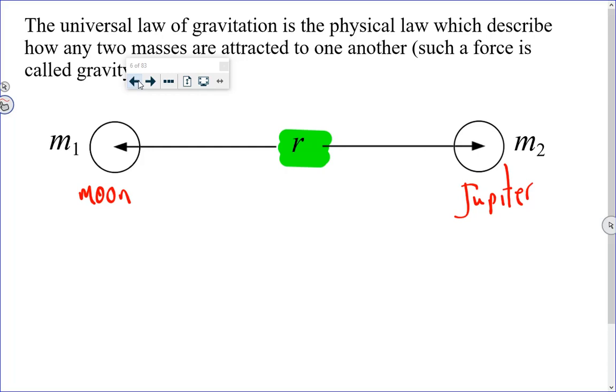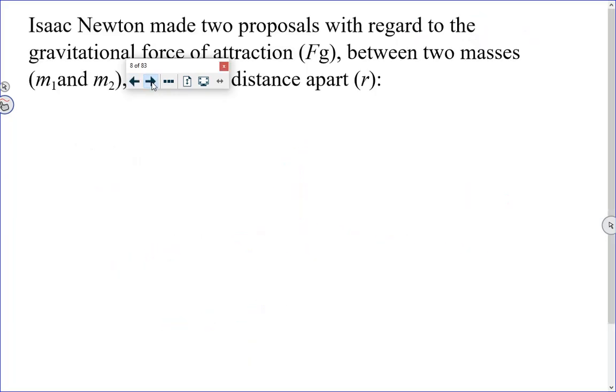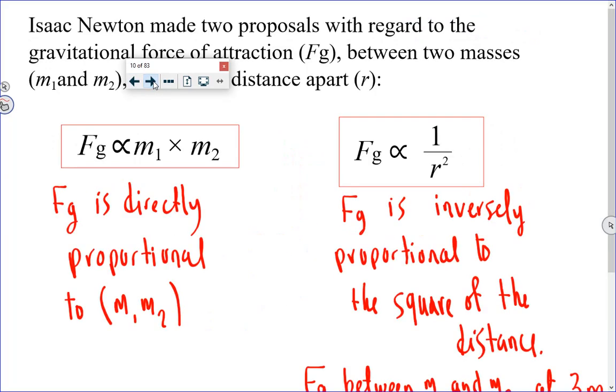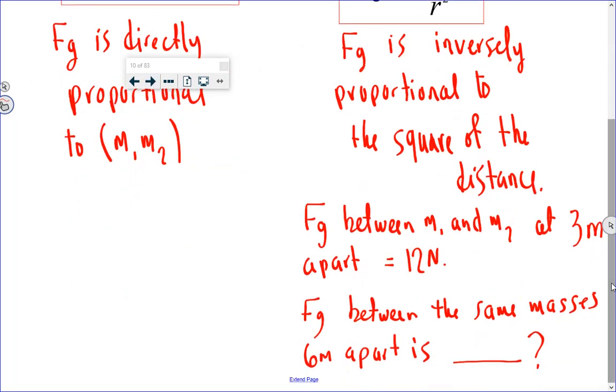So, going to my quick off-the-cuff illustration here, if we go from 3 meters to 6 meters, we've doubled the distance. That means the gravitational force should be less. Does anybody have a guess as to what you believe the gravitational force will be?